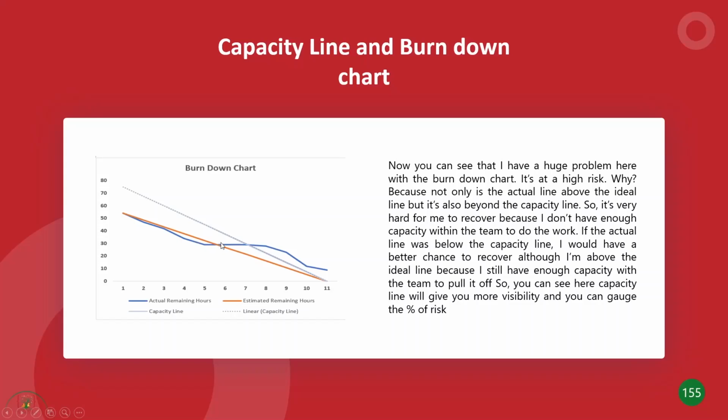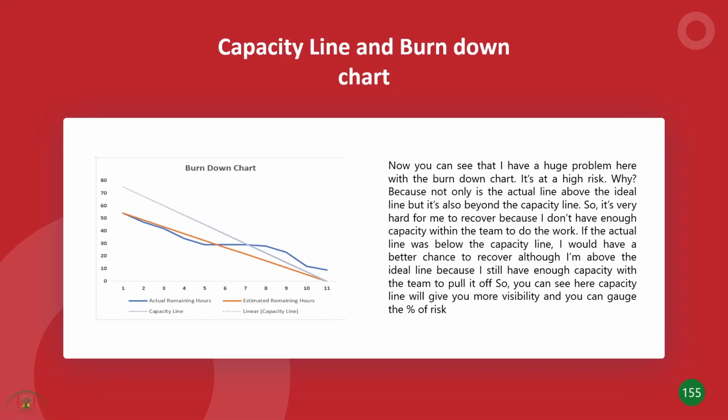The actual remaining hours is much above the ideal line, so there's a risk. That is true. You are above the ideal line, so you're burning less hours. But there's another problem here. If you look at the capacity line, not only is your actual remaining hours above the ideal line, it's actually above the capacity line as well.